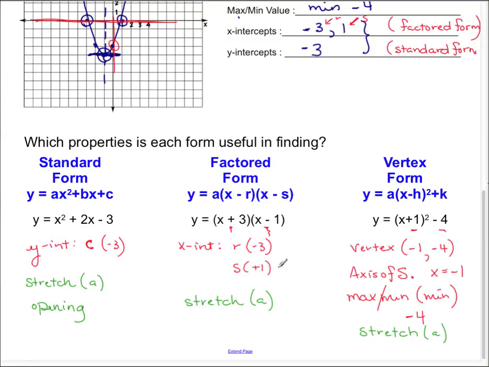If that a value is greater than 0, if it's positive, it opens up. And if it's negative, it opens down. So since that a value gives us up or down, we also get it from each of these. And notice that we used an a in all three of these equations. That's because it's actually the same number in all three equations.